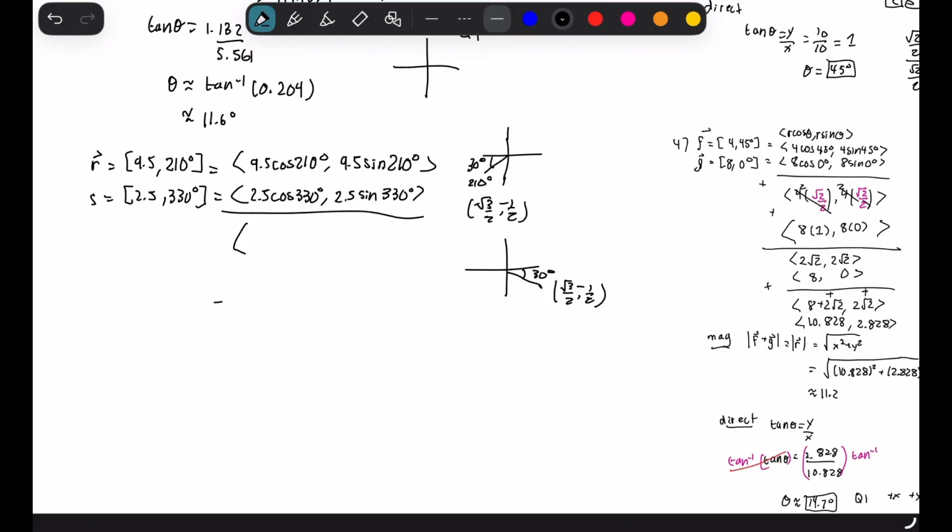So for our resultant vector, we'll get that after this.